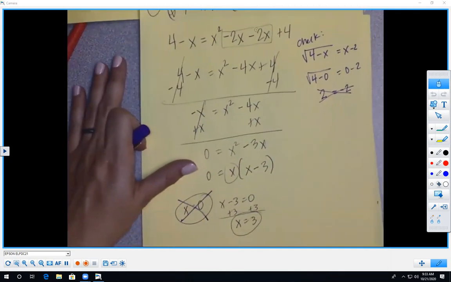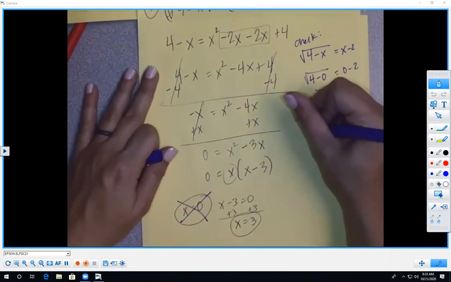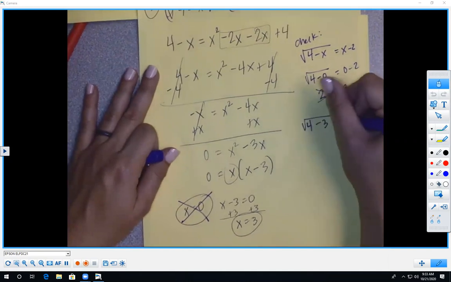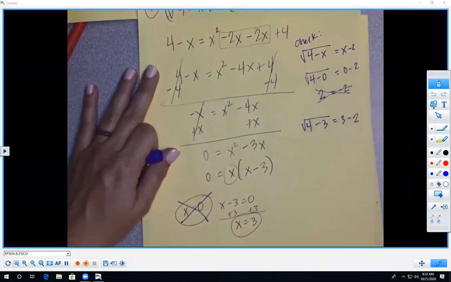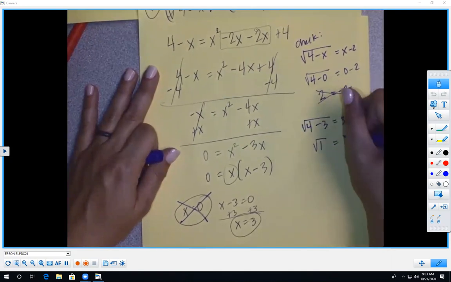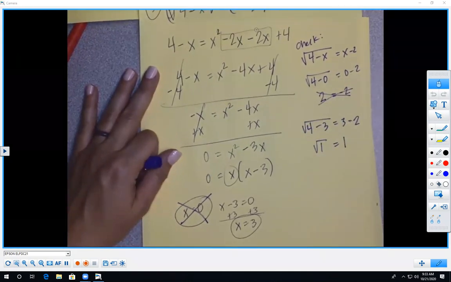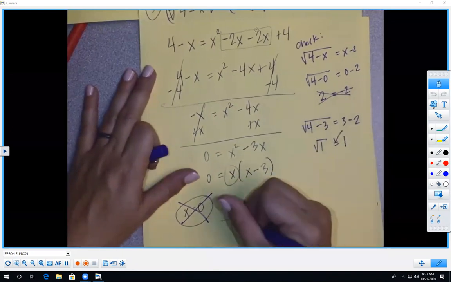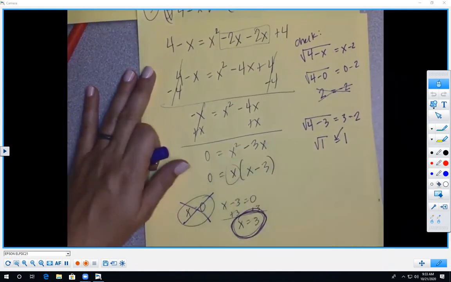Sorry. Let me check it with the 3 now. 4 minus 3 equals 3 minus 2. 4 minus 3 is 1. 3 minus 2 is 1. Does the square root of 1 equal 1? Yeah. So x equals 3 is my only answer here.